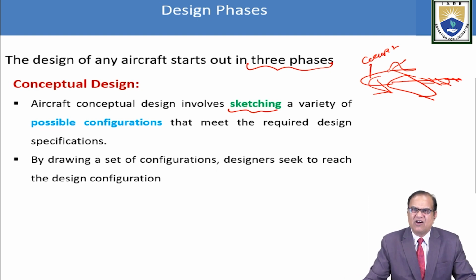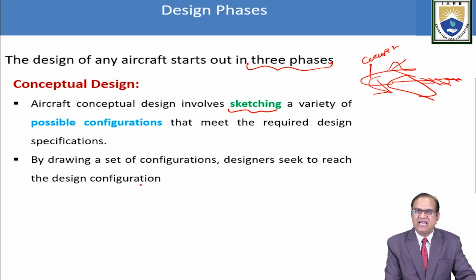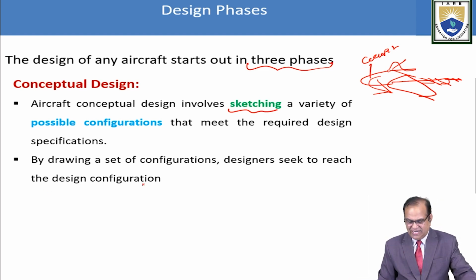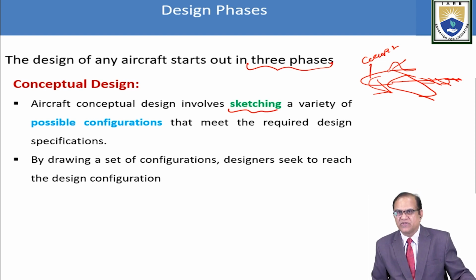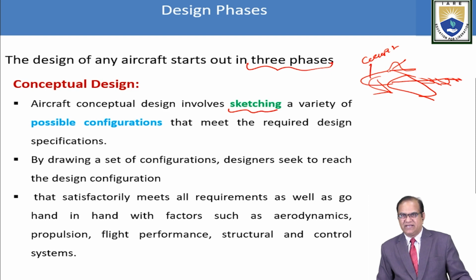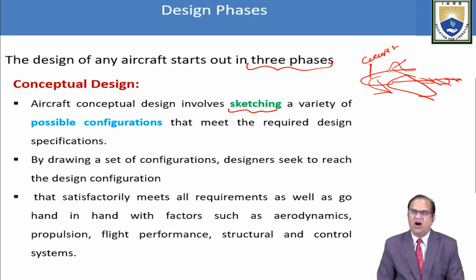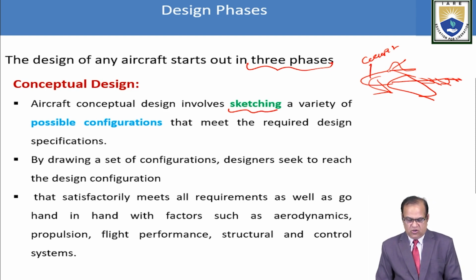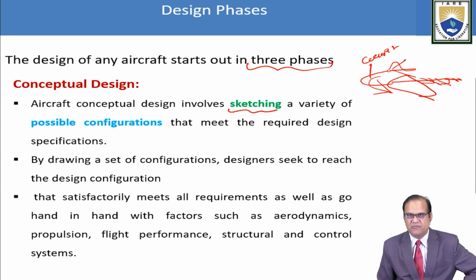By drawing a set of configurations, designers seek to reach the design configuration that satisfactorily meets all requirements, as well as going hand in hand with factors such as aerodynamics, propulsion, flight performance, structures, and the control system.